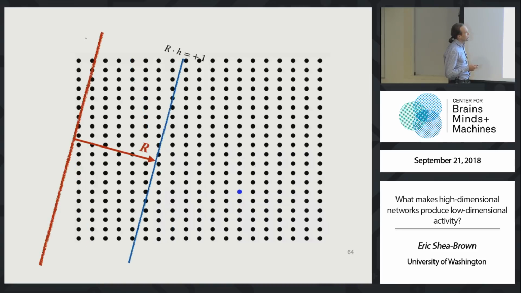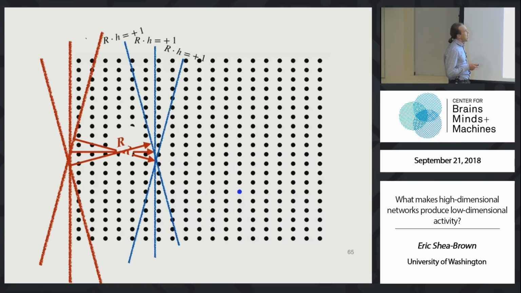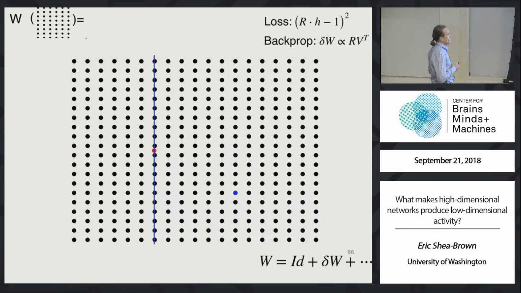Sometimes it might point like this, sometimes like this. And every step, I'm moving all my points, remember, in the one direction of this readout vector to try to lie on the blue line. Well, what's at the intersection of all the blue lines, or what's in general at the intersection of very many hyperplanes? An object of much lower dimensionality, in general of dimensionality 0, a point.